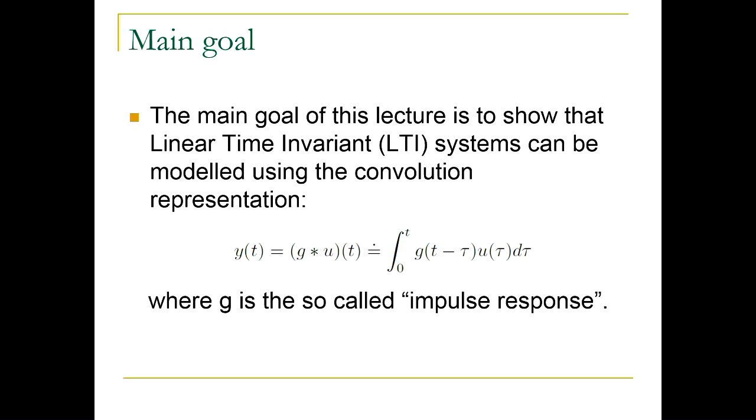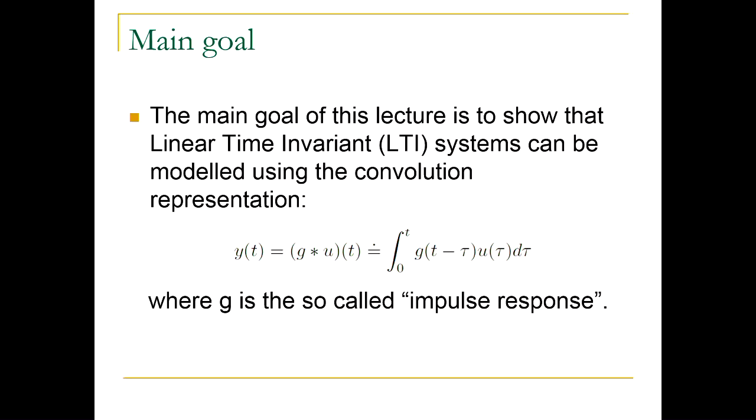So what does this say? This equation here says something very fundamental about linear systems. It says that the response of a linear system is completely determined by its impulse response. So, in other words, if I know the impulse response of the system, I know everything I need to know about the system.